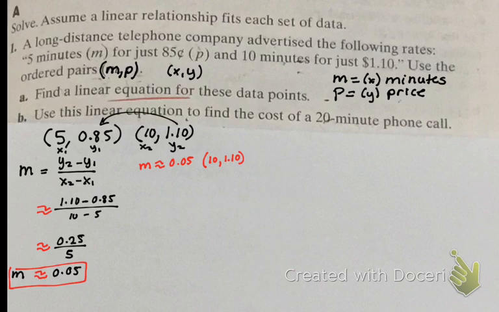Sorry, I just sneezed. Okay, so now what would I do now? How do I write it? Y minus y1 equals m times the quantity of x minus x1. Good. And so I'm doing y minus 110, right?